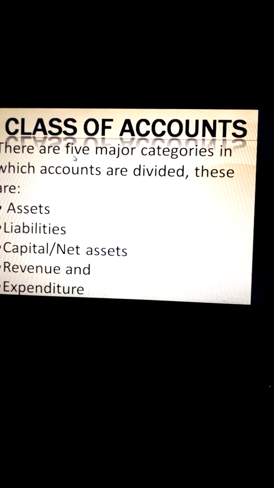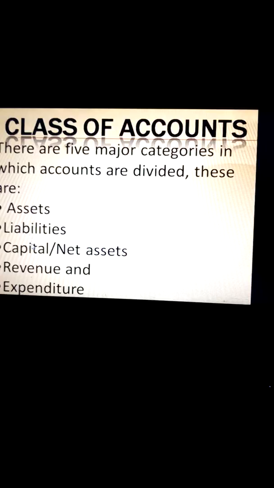Now, quickly before we go back to our example, let's look at the class of accounts. There are 5 major categories in which accounts are divided, and these are the assets, liabilities, capital, which we could call the net assets, revenue, and expenditure. If you look at these classes of accounts, you will discover that on our accounting equation, we had the first 3: asset is equal to capital plus liability.